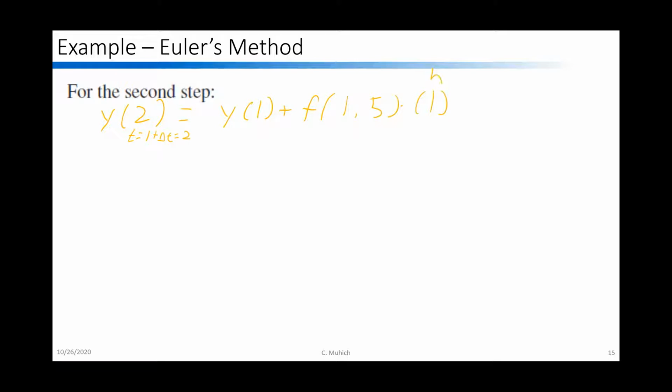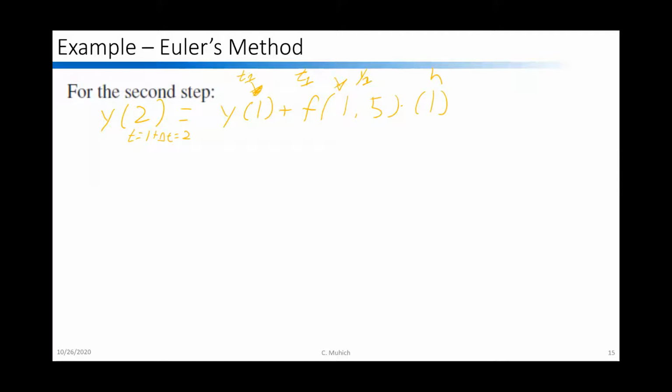So I'm going to put this in here. So that's h. So this was t of 1, and this was y at 1. Remember, we had just calculated this. So this is my y at my previous t, so that's t1.